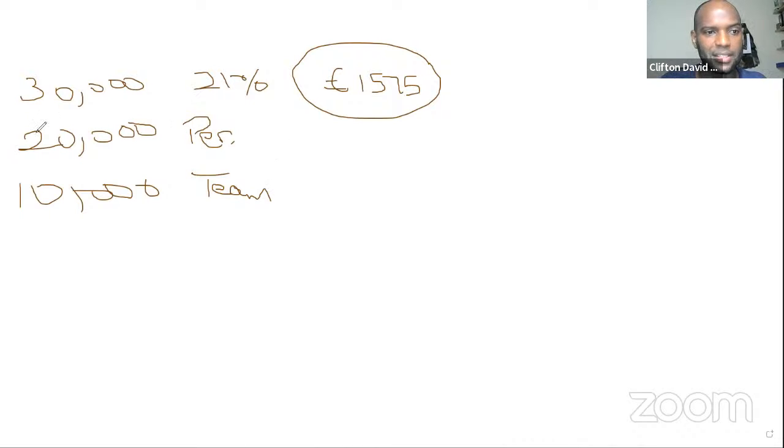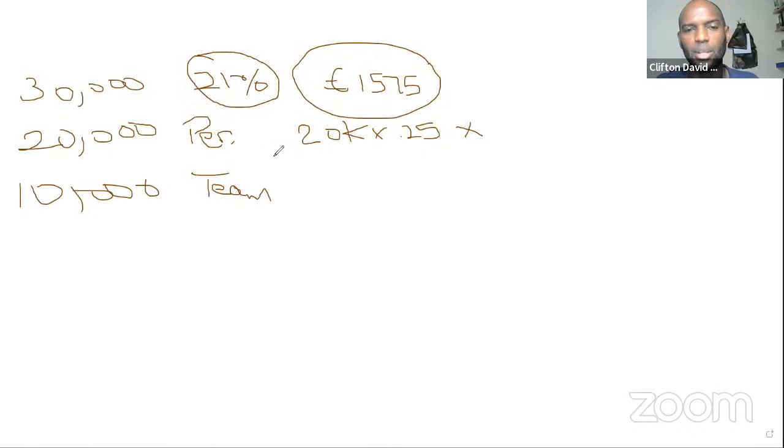Derek, because he did this personally, 20,000, will be paid 20,000 times the factor, which is 0.25, times his achievement level, which is 21%.